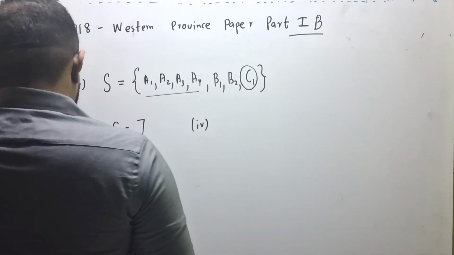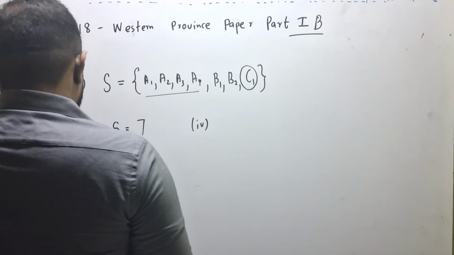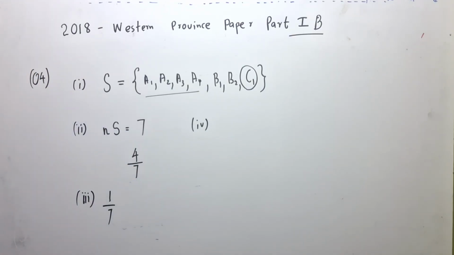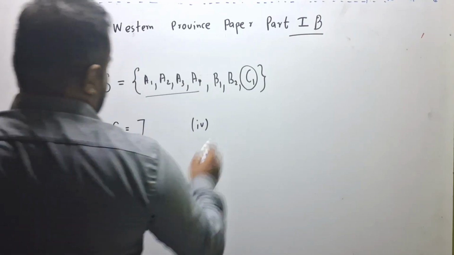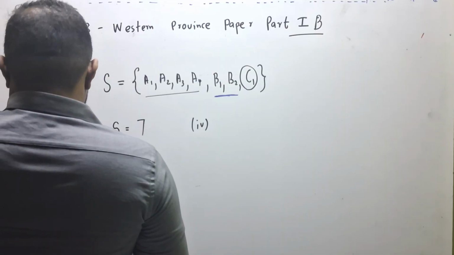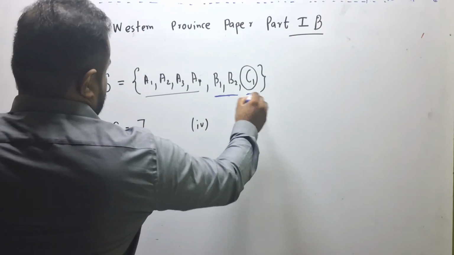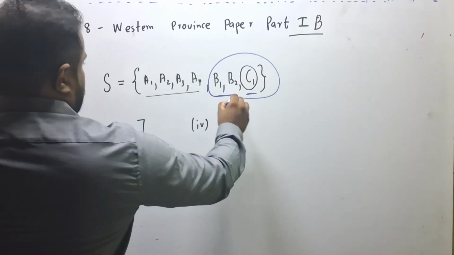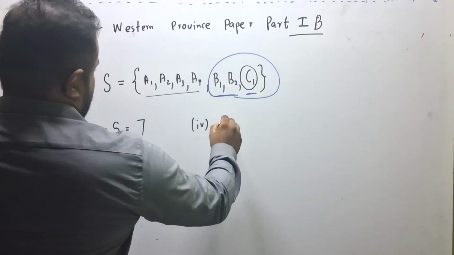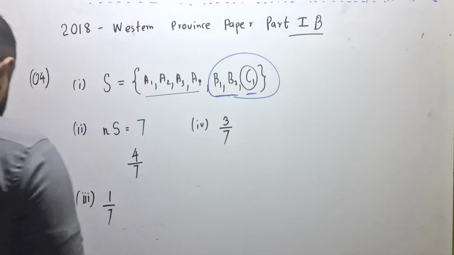Find the probability of a person being one who wears a red belt or black socks. Red belt was mentioned from B1, B2, or black socks, C. Totally it's 3. So 3 out of 7.